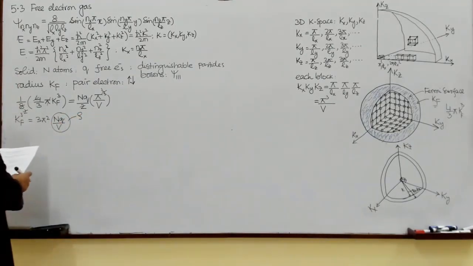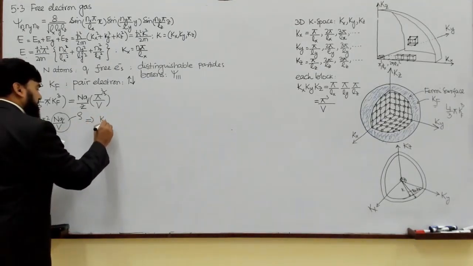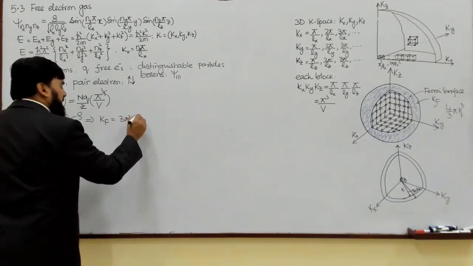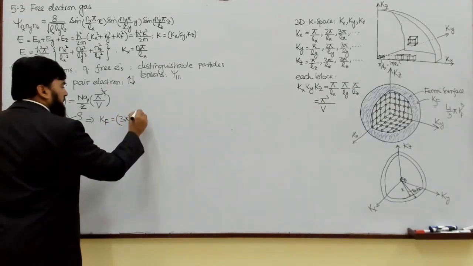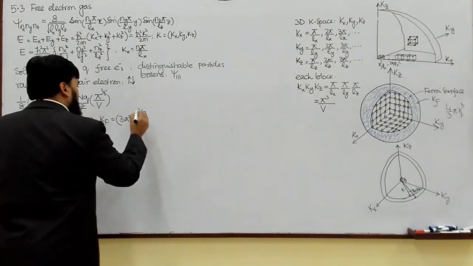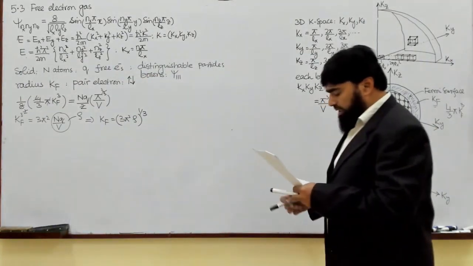So this implies that kf is equal to 3 pi square times the density of electrons, raised to the power 1 over 3.